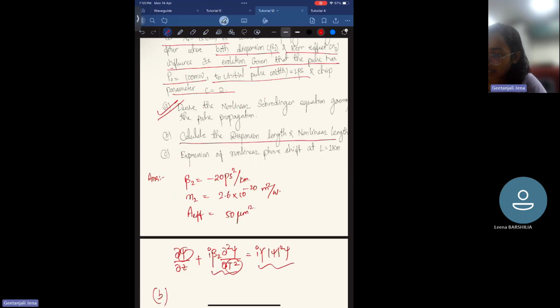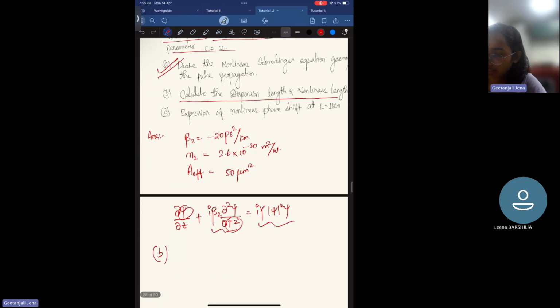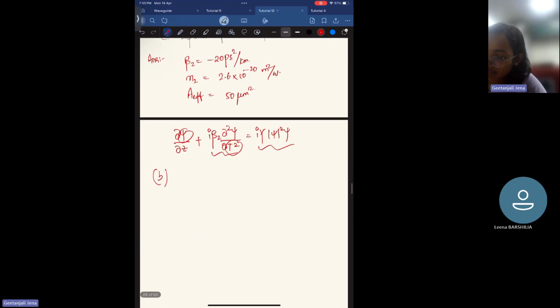In part B, calculate the dispersion length and the nonlinear length, which is easy also. LD is nothing but T0 square by mod beta 2, which is 1 picosecond square over 20 picosecond square per kilometer. So this will come to 0.05 kilometer.